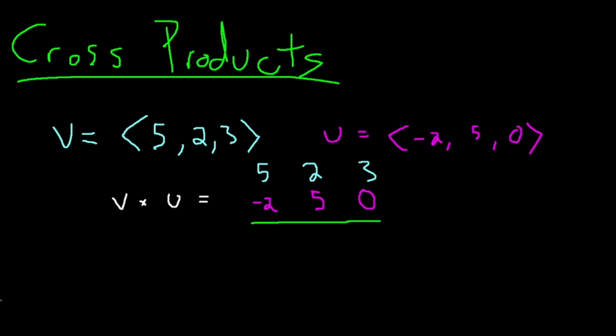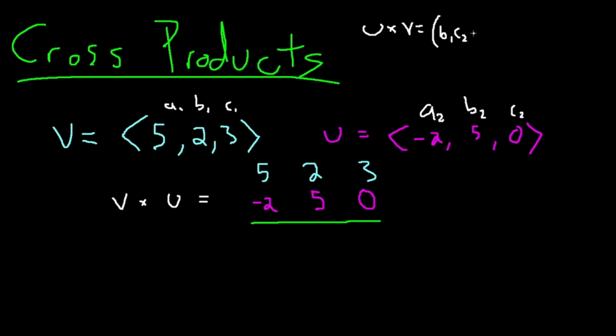So the formula for a cross product is, u times v is going to equal, where the first vector is a1, b1, c1, and the second is a2, b2, and c2.